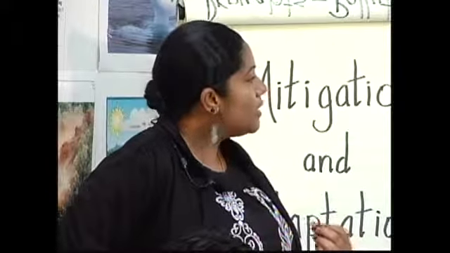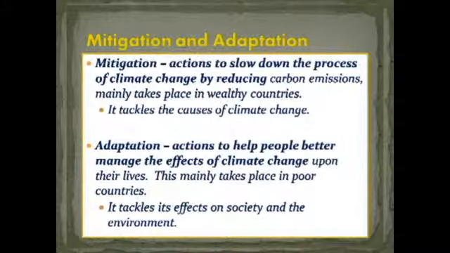So it tackles its effects on societies and the environment, and this happens in poor countries. So mitigation refers to what wealthy countries will do to reduce carbon emission. And adaptation refers to what poor countries will do to try and best survive what is occurring to them.